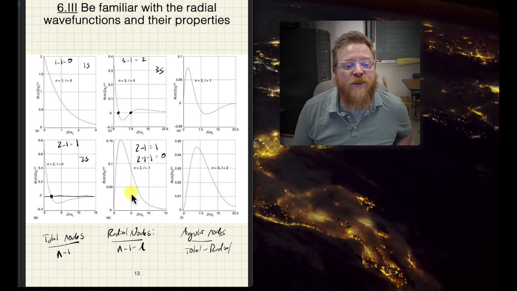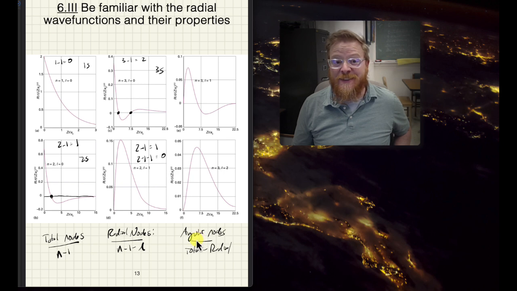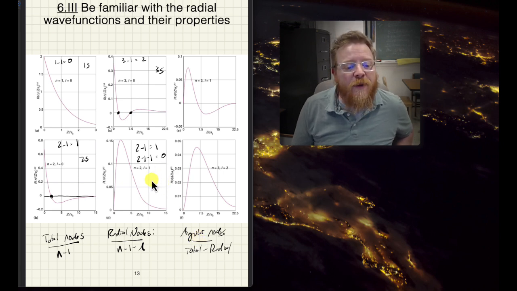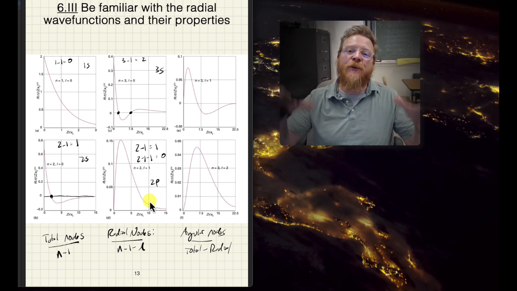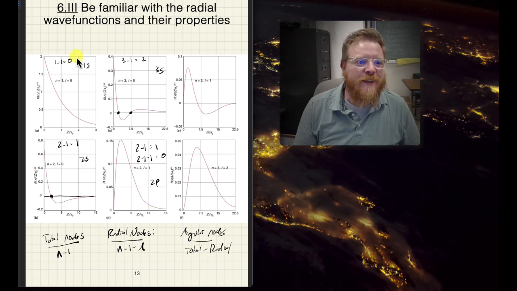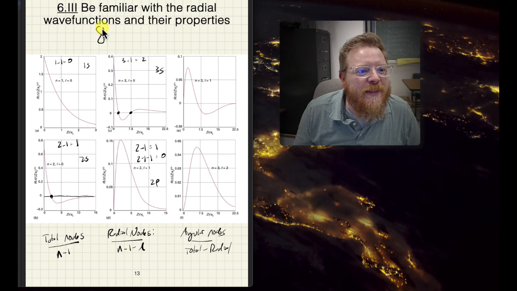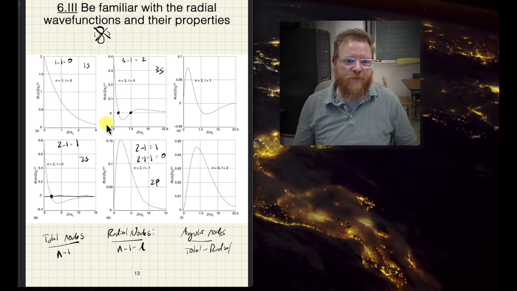So the only nodes that we have in this case is angular nodes. And we might recall that this is our 2p orbital, and that angular node is that like conical section that's missing out of the orbital, right? That conical section indicated by those angles there.